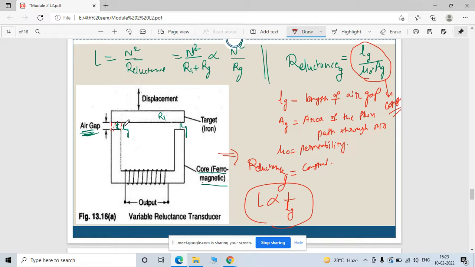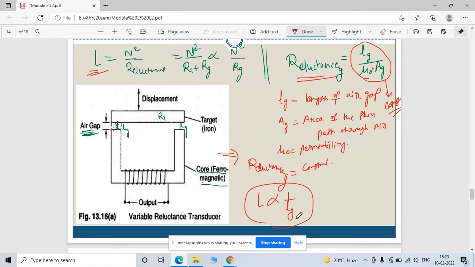When the length of the gap decreases, then your reluctance, which is directly proportional to it, decreases. And your inductance is inversely proportional to the length of the gap.